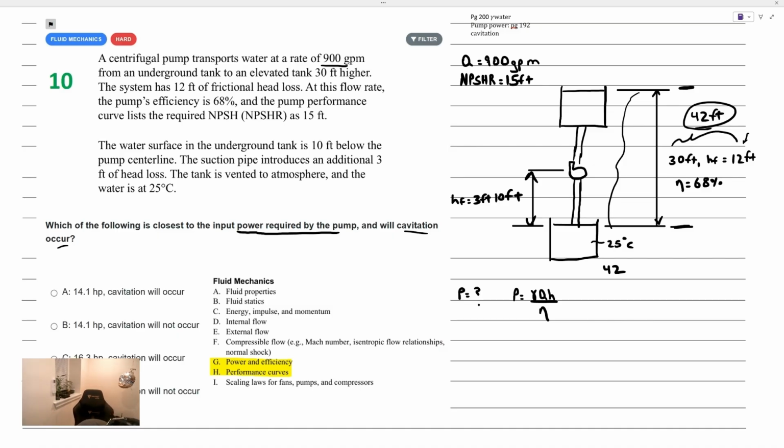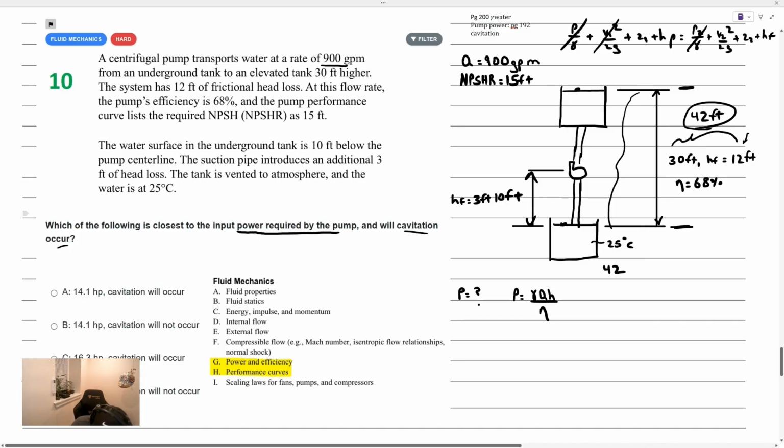If we think about it in terms of the energy equation, P1 over gamma plus V1 squared over 2g plus Z1 plus the pump head is equal to P2 over gamma plus V2 squared over 2g plus Z2 plus any head loss due to friction. At the free surface of both of these tanks, it's atmospheric because they're vented. There is zero speed at these large surfaces on the top because we're thinking that the tank is much larger than the water level.